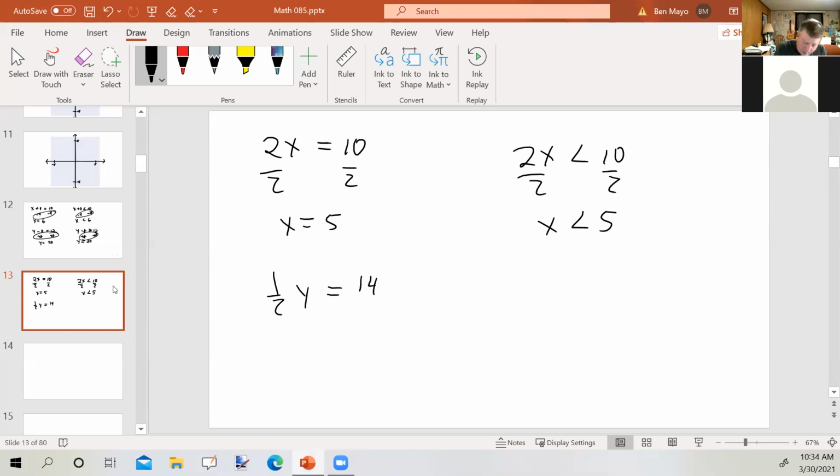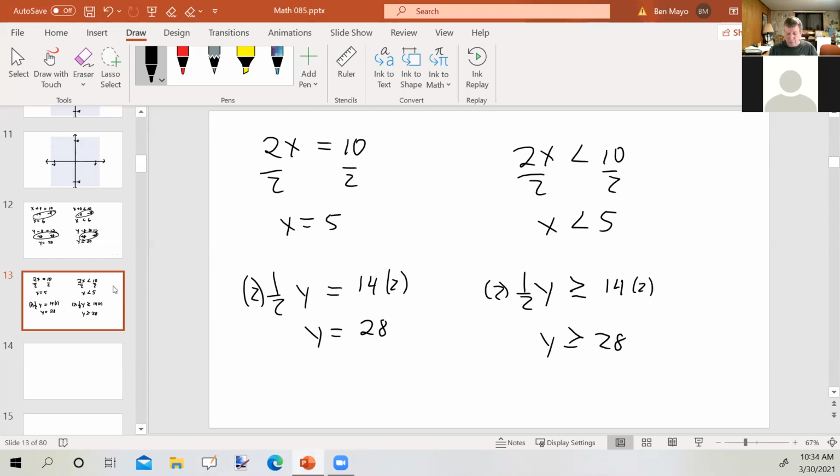To solve this equation, you would multiply both sides by 2 and you would get y equals 28. Let's say you have 1/2 y greater than or equal to 14. To solve this inequality, you would multiply both sides by 2.